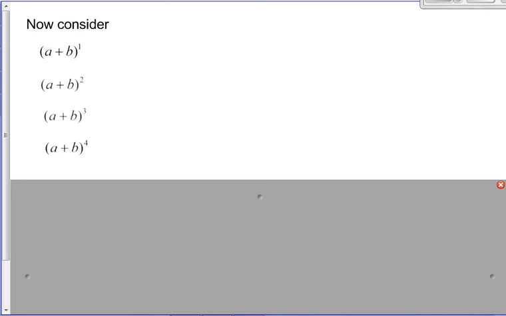Okay, so why do we care about this? Well, if we expand some binomials, if I take a plus b to the power of 1, that's just a plus b. If I have a plus b to the power of 2, I know that's a plus b times a plus b. And here's what it gives me. A squared plus 2ab plus b squared.